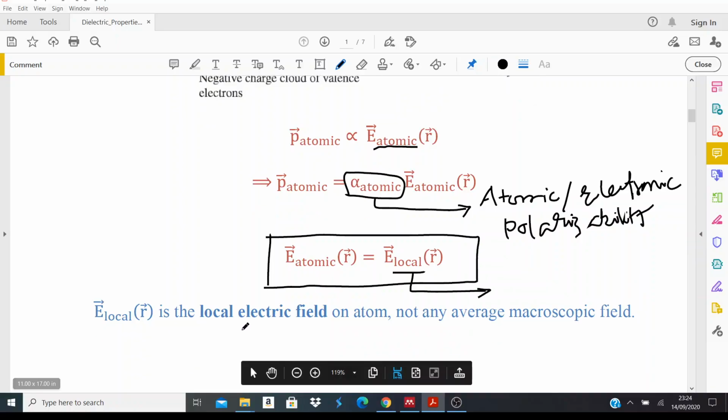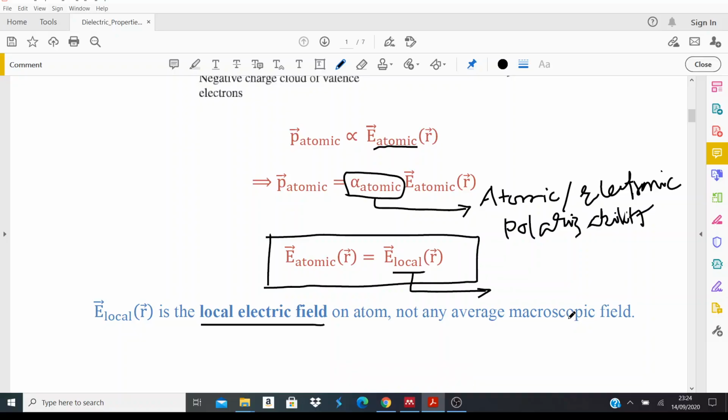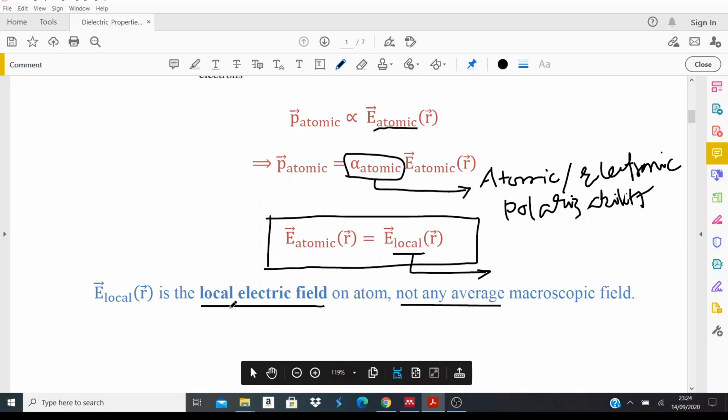This local electric field is acting on a single atom. It's not any average macroscopic field operating over a large space. This is something operating locally, and we have to remember this distinction.